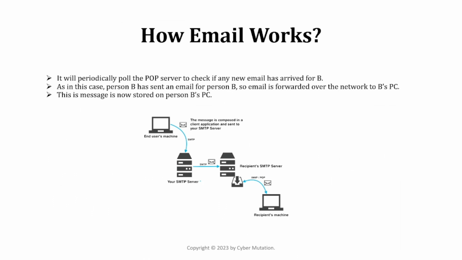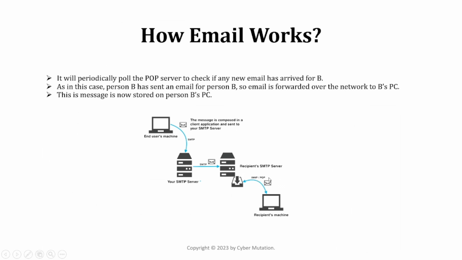Now, if you want to see how email works, email comprises three main protocols: SMTP, IMAP, and POP. Firstly, let's assume that a user is writing an email, and then he clicks send. Then the mail will be forwarded to the SMTP server, which is known as the mail server. From there, it will be transported to the recipient's SMTP server, and then for accessing the emails, the IMAP and POP protocols will be used.